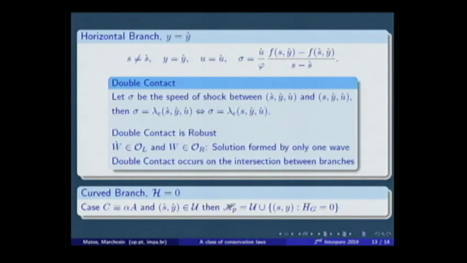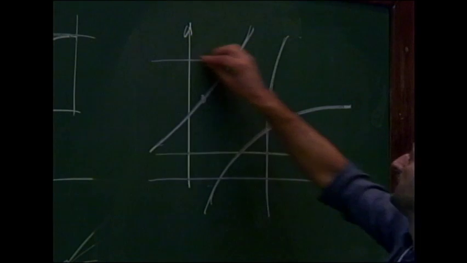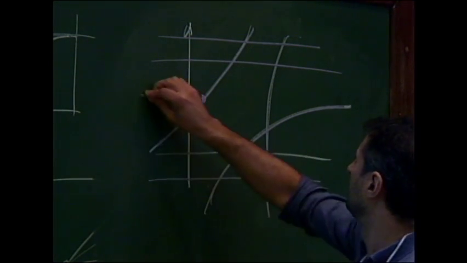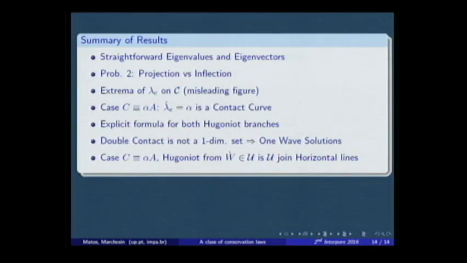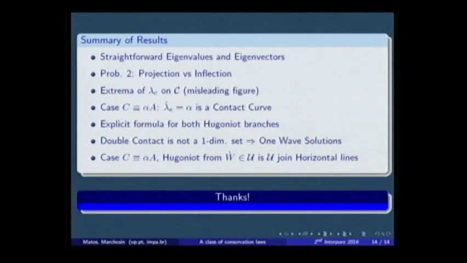So we may have some horizontal lines here. This is the curved part, so if we put the trivial branch of the Hugoniot, we'll get something like this. Okay, that's all. This is just a review of everything. Thanks.